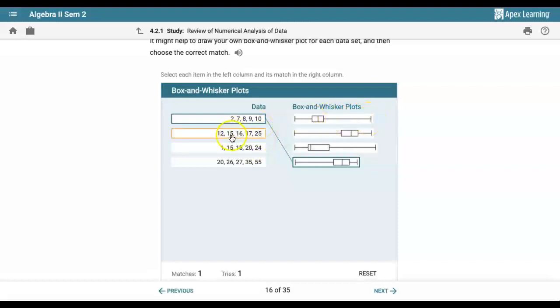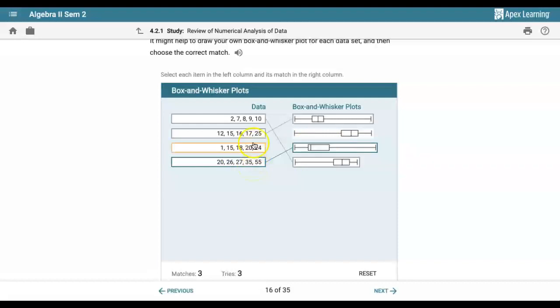So when we're making our box, 15, 1 space, 16, 1 space, 17. So that's going to be right there, which means that this guy is, of course, going to match up to there. And when we look at our data, it makes more sense because, look, we've got 16 and 17, which is 1 space, but then between our median and our third quartile is a larger number, right? A larger gap jump from 27 to 35.